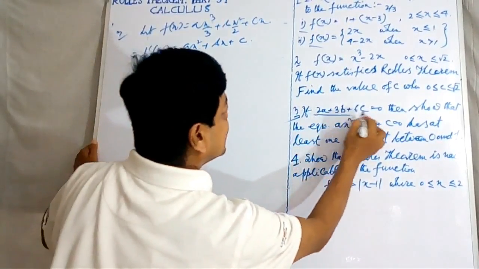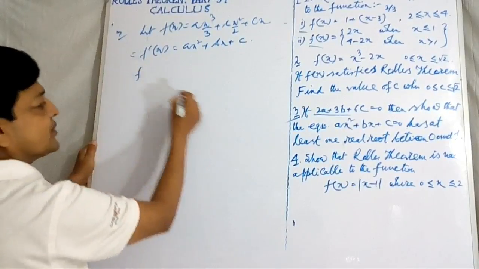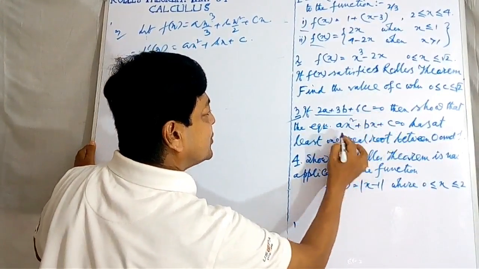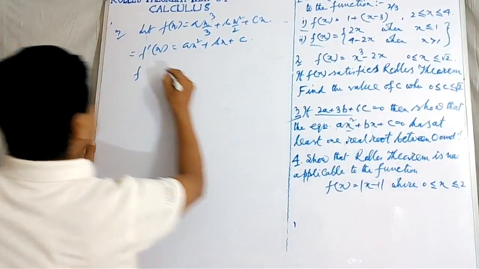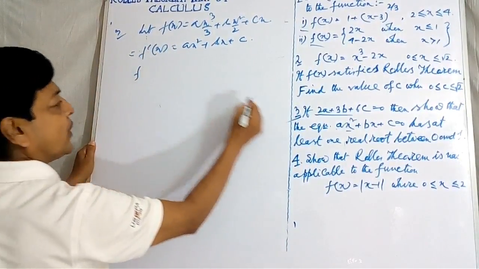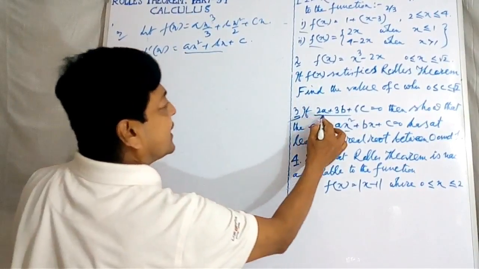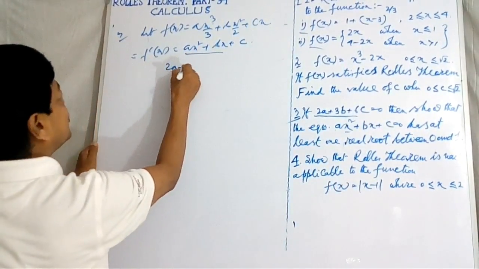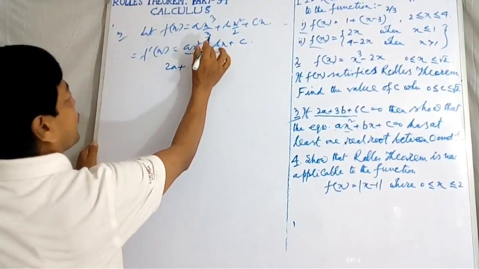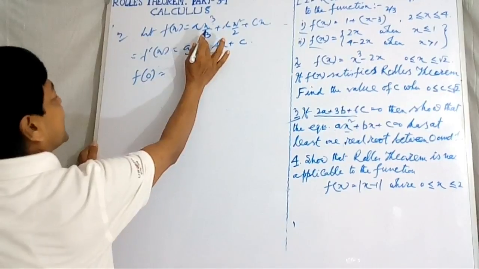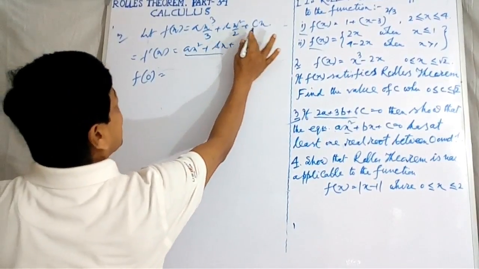And the given condition is 2a plus 3b plus 6c equal to 0. Now what is f(0)? f(0) means 0.